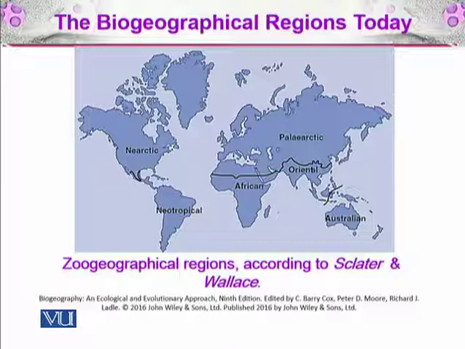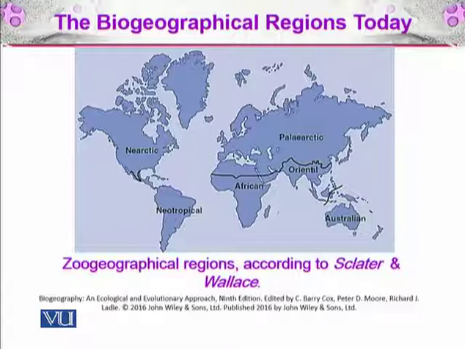Then there is the Australian, which is Australia, New Zealand, and all the related neighboring countries as well. And Palearctic contains Russia, China, and all of northern Asia and Europe. All of these regions are mainly based on geography, but they were conveying some useful information.